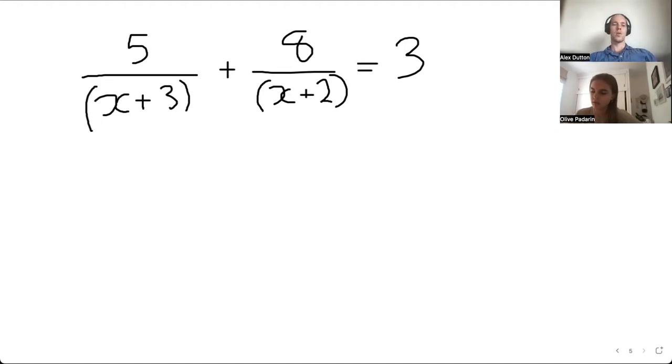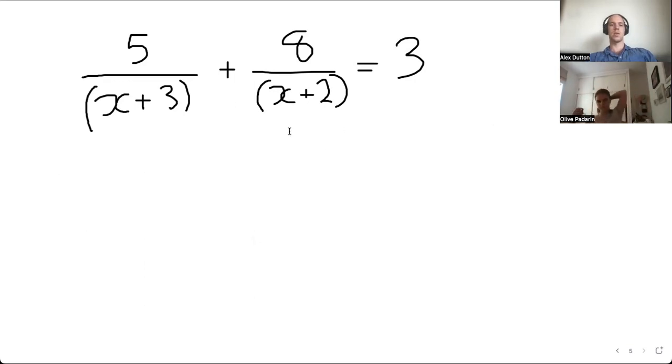All right, so do this step by step. First, multiply it by x plus 3, and then multiply it by x plus 2. Wait, but can I multiply each fraction by their own denominator? Do I have to do both? You have to remember you multiply both sides of an equation. So you're going to have to multiply all of it first, either by x plus 3 or by x plus 2. It doesn't matter. Or you can multiply them by both at the same time.